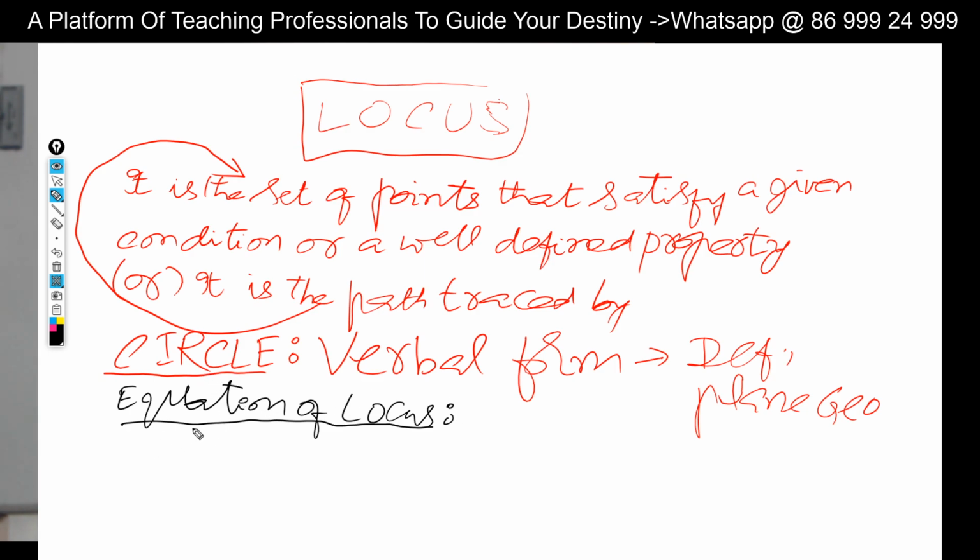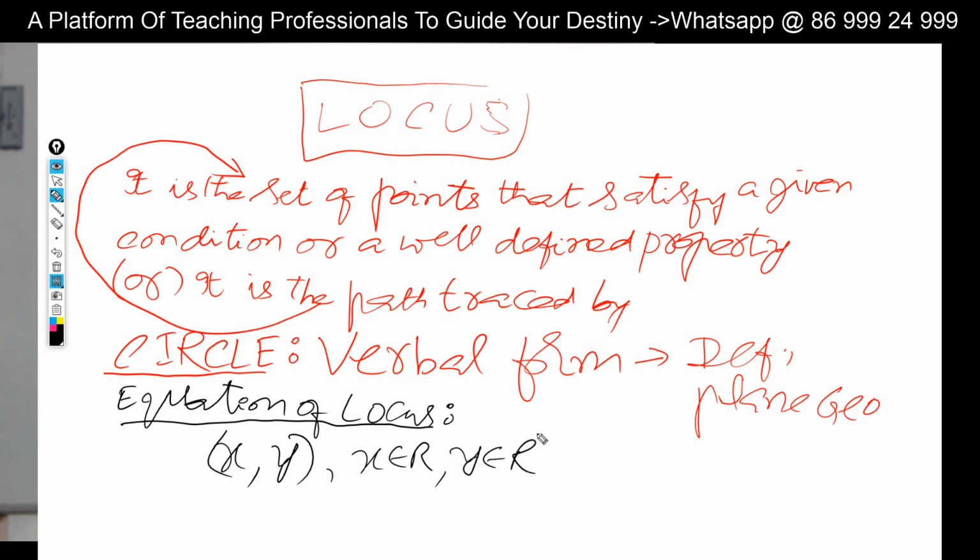See, in the beginning of introduction, we have taken a general point on the plane, x comma y. What does it mean by x comma y? X comma y represents every point and any point on the geometrical plane, where x belongs to R and y also belongs to R on the real plane.